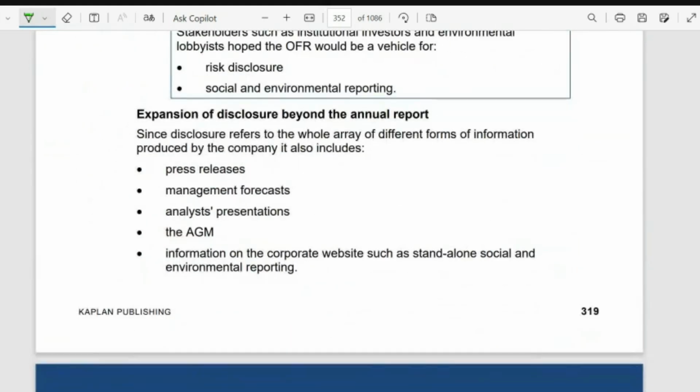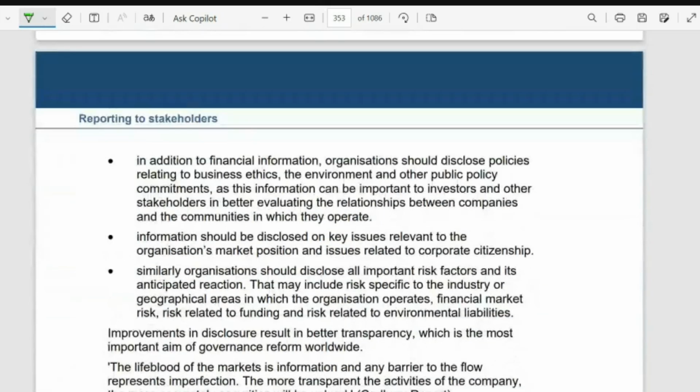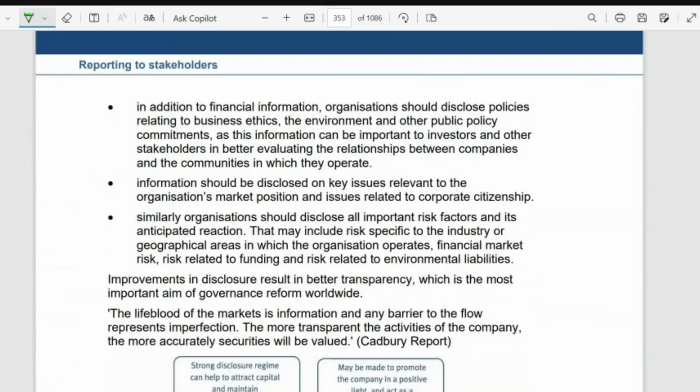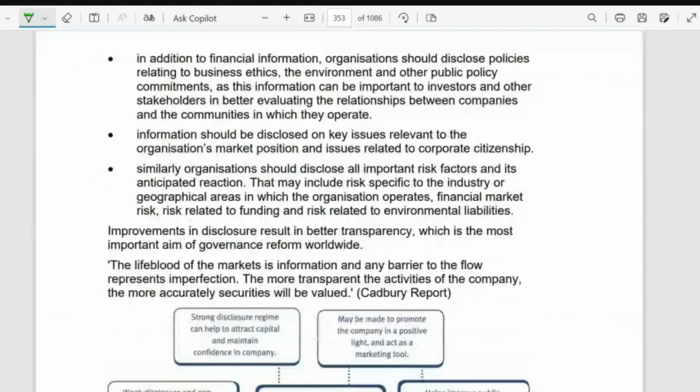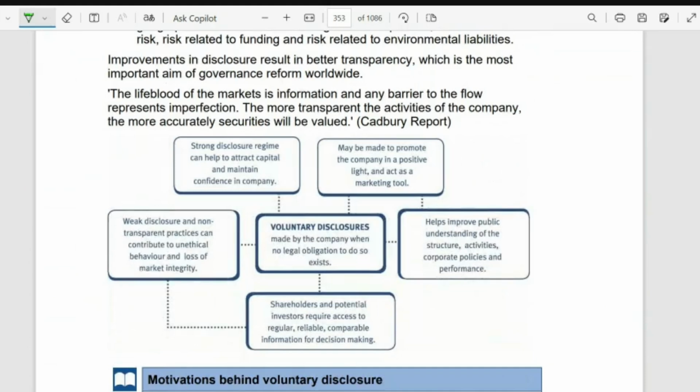Expansion of disclosure beyond the annual report: press release, management forecast, annual analyst presentation, AGM information on the corporate website. These are the voluntary disclosures.